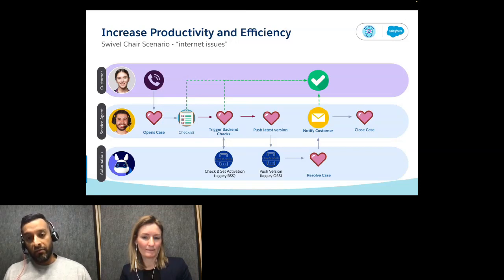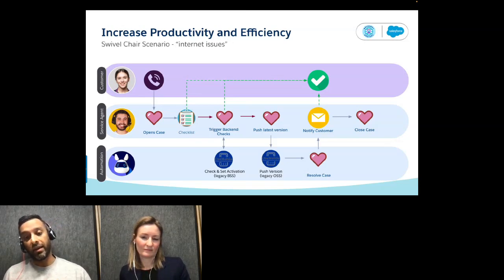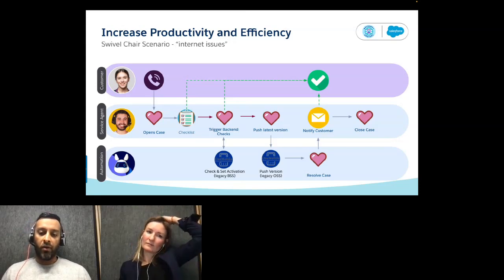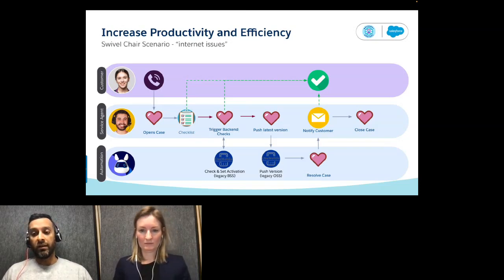If this is not the case, we have defined here a dedicated scenario where once we receive what is the current version of the router of Simona, Salesforce Service Cloud Einstein functionality will realize it, and it will come up with a recommendation called Next Best Action in Salesforce Service Cloud to upgrade the firmware on the router and push it directly from the Salesforce Service Cloud application to the legacy backend system, which will then in the OSS system, we have two modules here, open the router app, identify the customer, and then push the latest version of the firmware to the router, and then resolve the case and notify the customer.